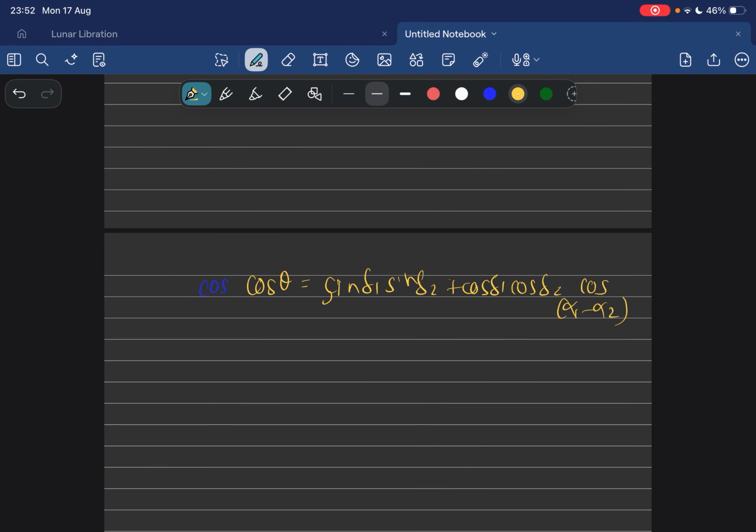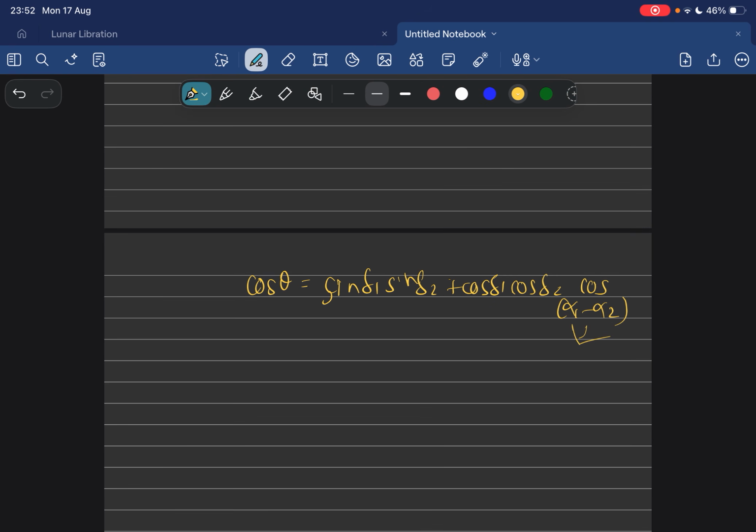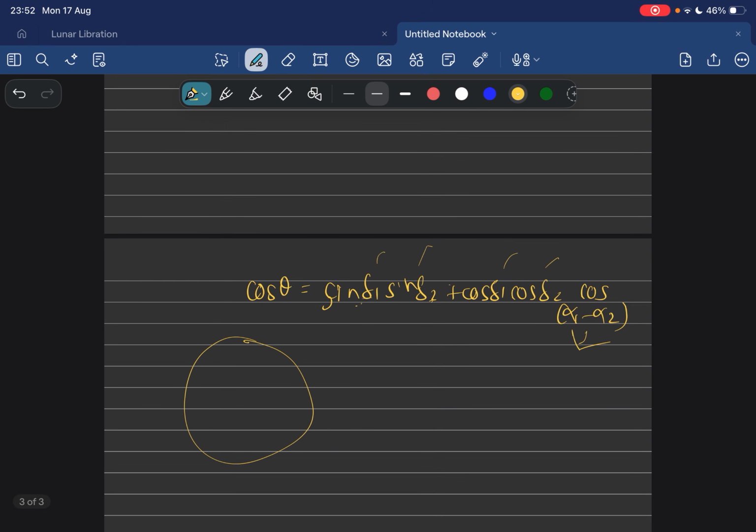This is a universal formula, whether it is the difference in longitude, right? Suppose this is A star, B star. This works for any sphere. So just plug in the formula right here.